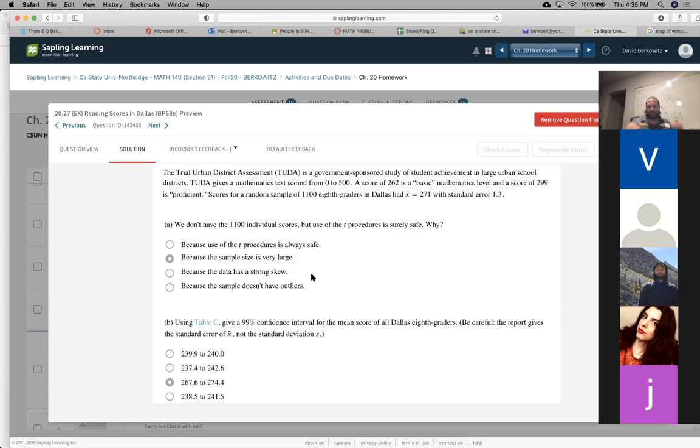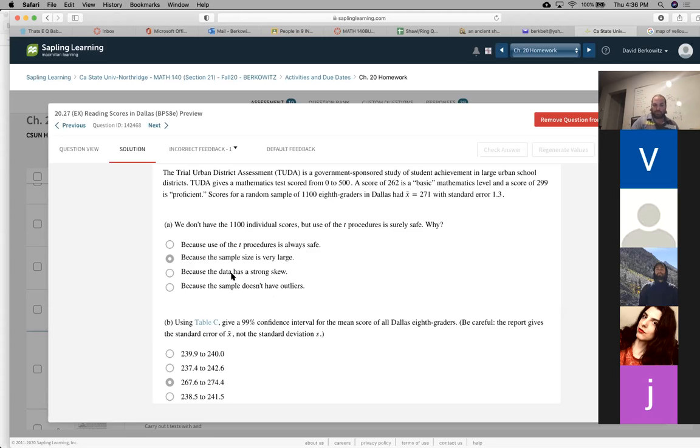And the book talks about this, 15 or 30 or 40, whatever those numbers are. When you have 1,100, that is such a large sample size that it's surely enough to overcome any issues that might be there. So the reason why it's safe is because the sample size is very large. It's not that it's always safe. Small samples or skewness or outliers are all issues. But because of the robustness of the T procedure, with a large enough sample size, it overcomes all of those.